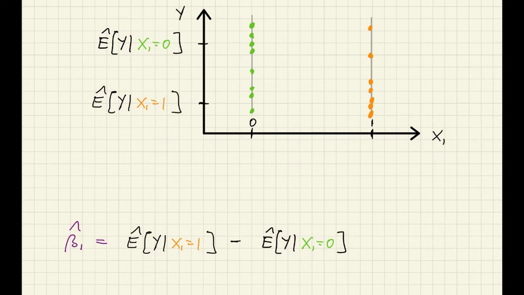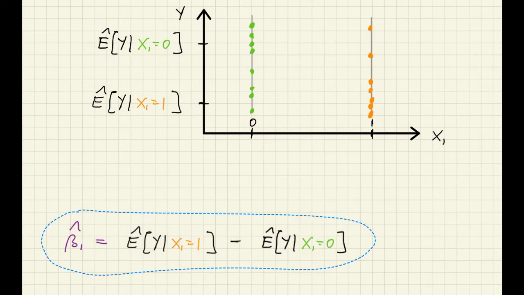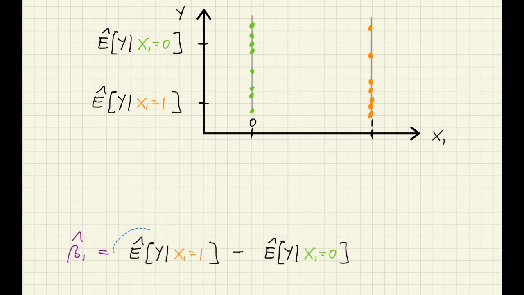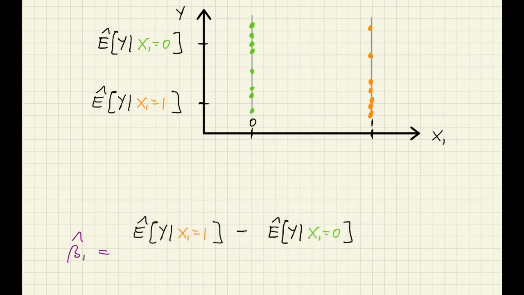Let me make slightly more sense of this expression by rewriting it slightly. So what I'm going to do is I'll take the right hand side and I divide it by 1 minus 0. So I'm dividing by 1. Dividing by 1 doesn't change anything.